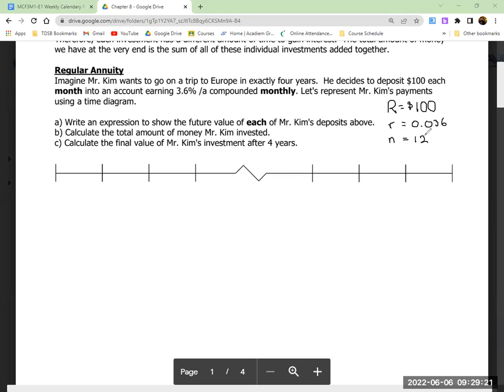Can someone quickly do 0.036 divided by 12 for me? Really quick on the calculator. Someone have it? Some of you might be able to do it mentally.